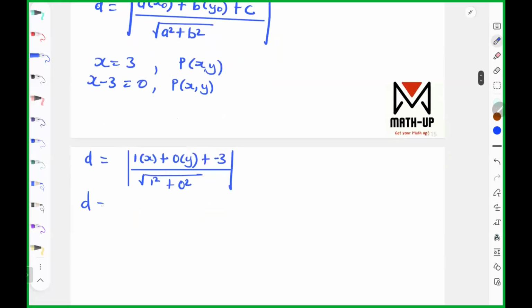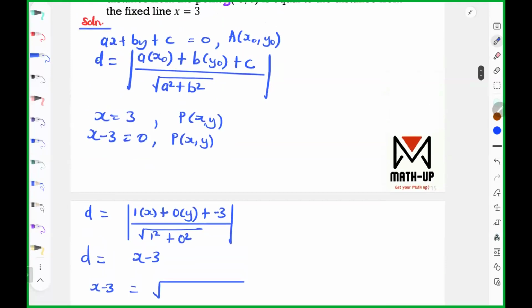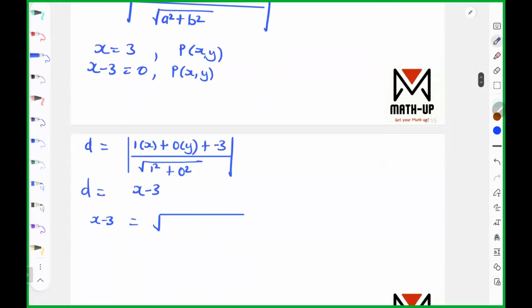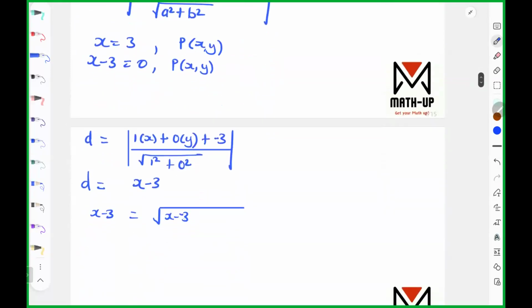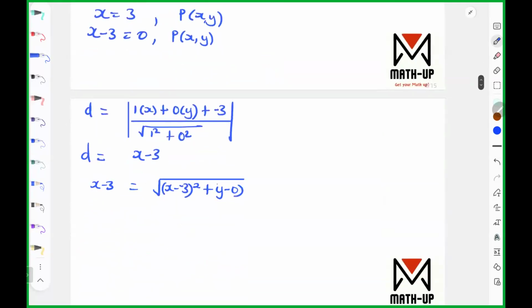So d will be equal to x minus 3 out of 1. That distance, x minus 3, which is a perpendicular distance, is equal to the distance SP, which we had previously, which was x minus negative 3, squared, plus y minus 0 squared.